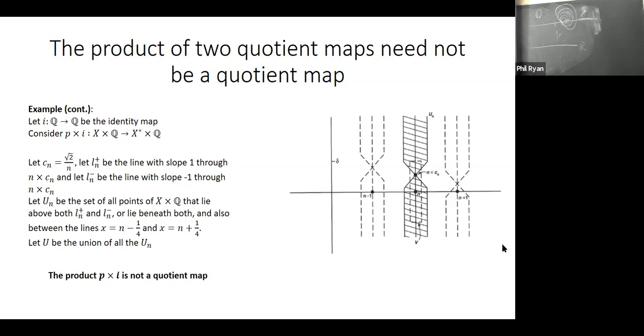Because this is an irrational point, it's not in Un, but that's okay. We're only considering rational points being in Un. So this is saturated with respect to P, right? And that's true for all the vertical lines here.